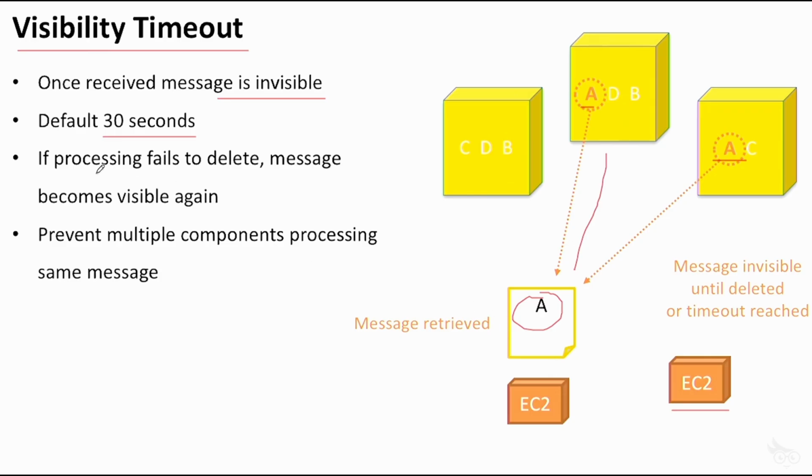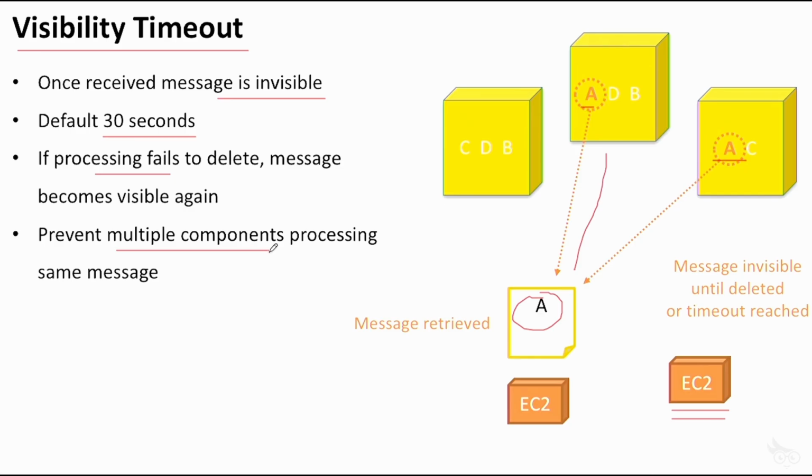If processing fails and the message is not deleted within that timeout window, then the message will become visible again so that it can be picked up by another EC2 instance, and processing can resume. This is a really great way to prevent multiple components from processing the same message at the same time.